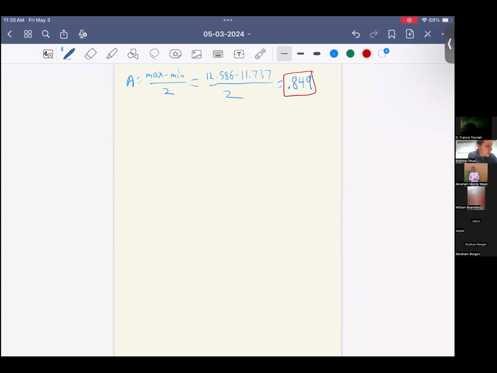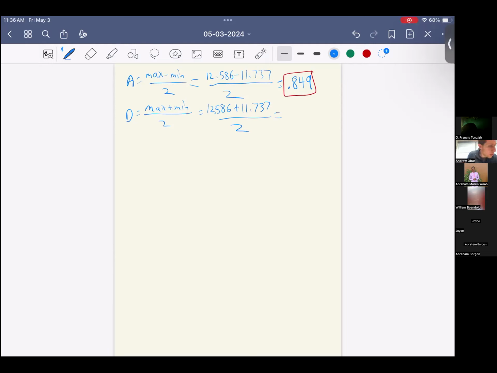So D was the same thing, but with the sum. So this is max plus min over 2, which is 12.586 plus 11.737 divided by 2. Oh, sorry. We had to divide by 2. Sorry, I didn't divide this by 2. I need to do this divided by 2.